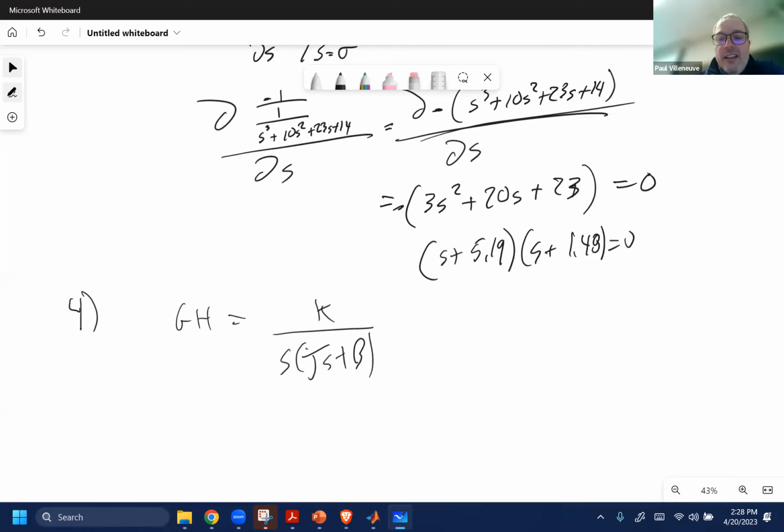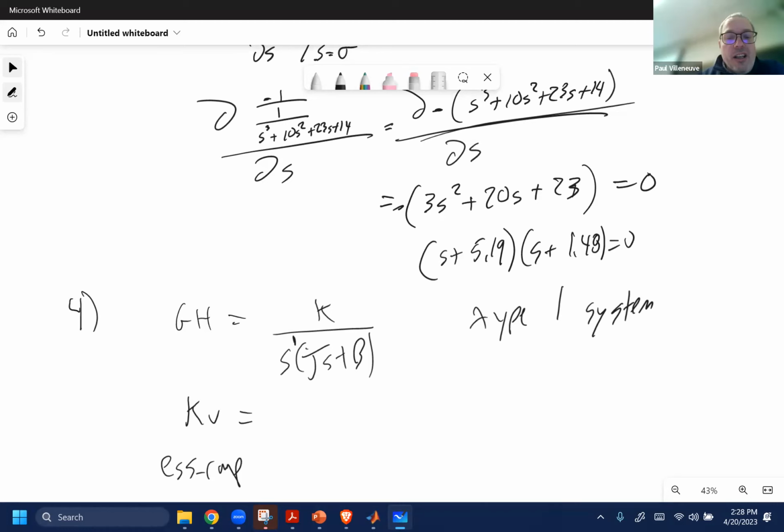We know that this is a type 1 system because the number of integrators in the system is 1. So a type 1 system has a unit step error of 0 and a unit parabolic input error of infinity. So we don't need to worry about those. We only have to calculate our velocity constant and then our ESS for a ramp.